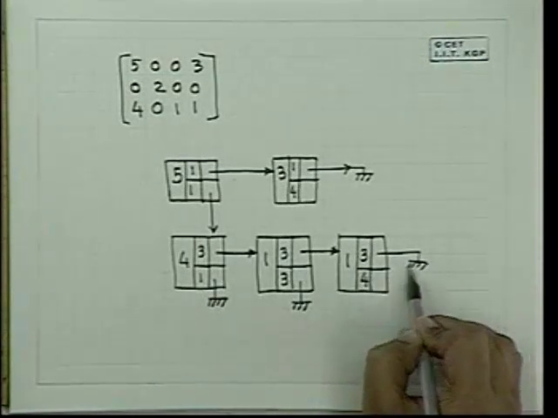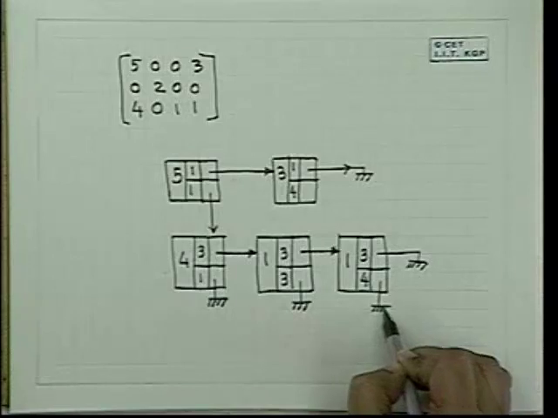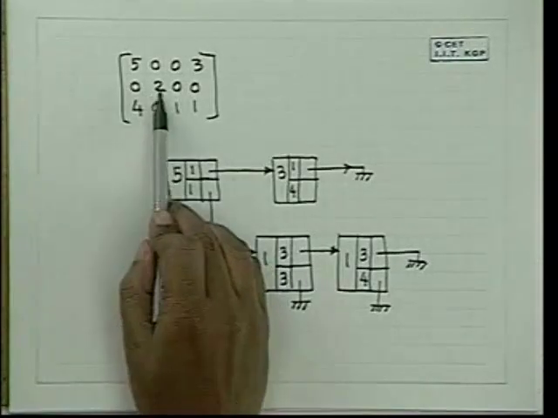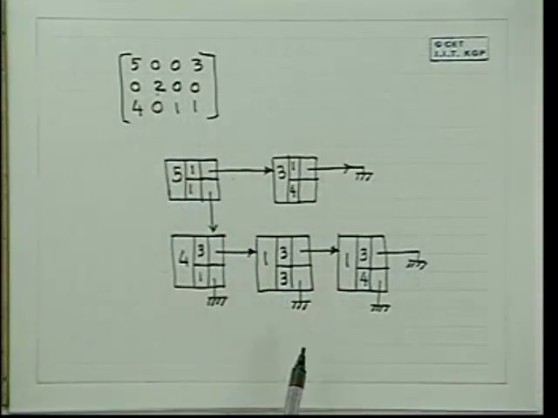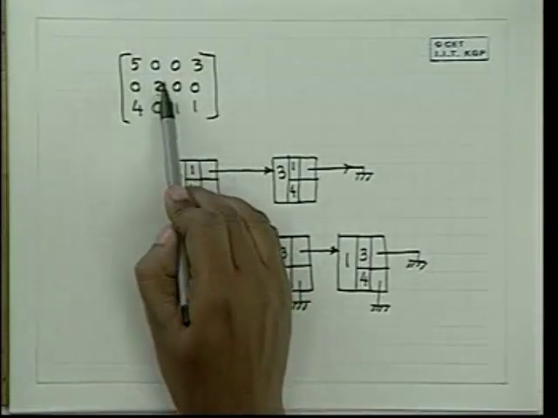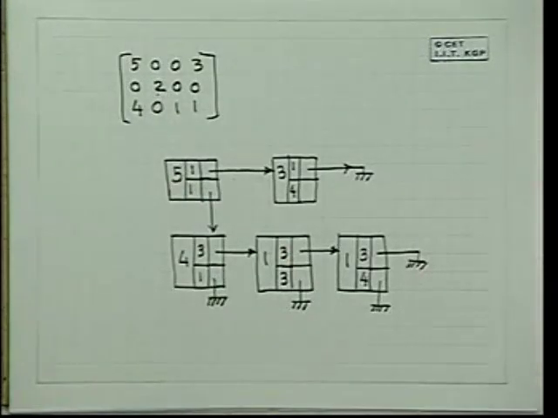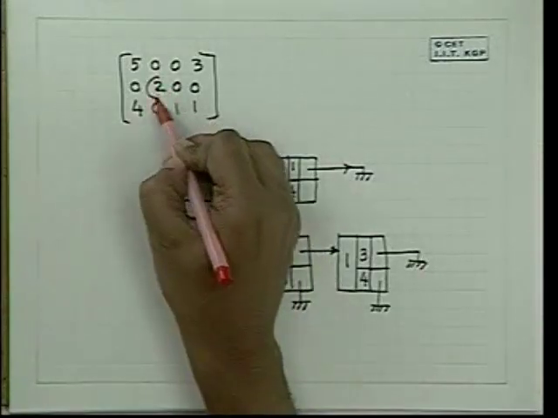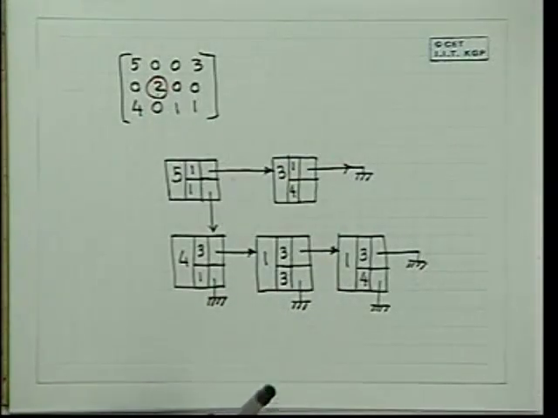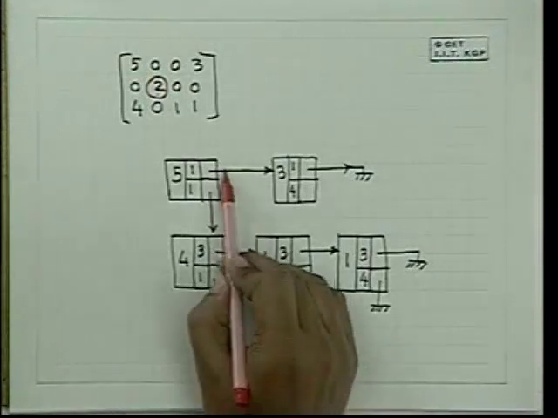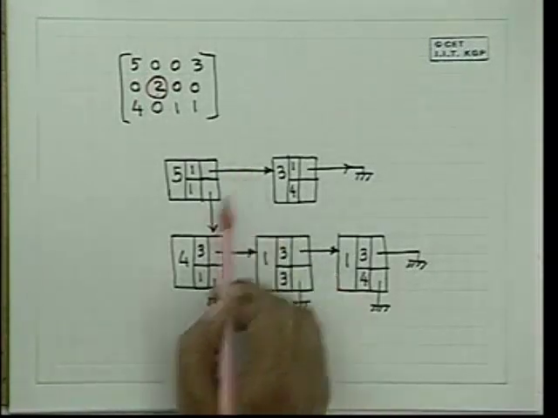This is grounded, this is grounded. Fine, but what about this element? What about this element? Poor fellow is left out. Why is it left out? Because there is no element 2 here and there is no element here.